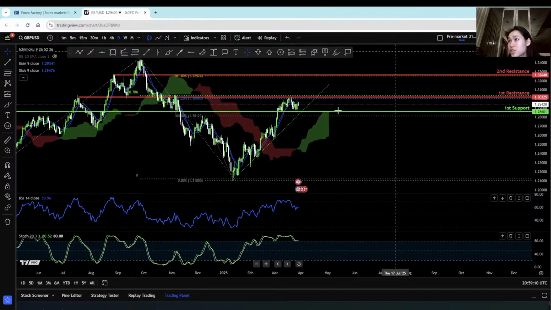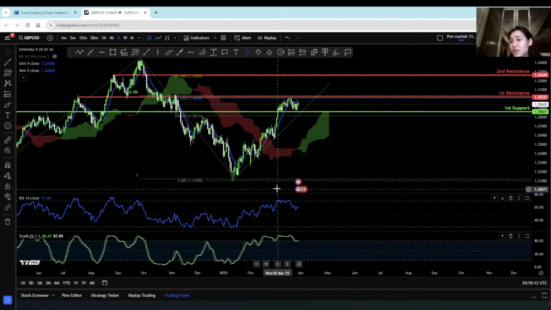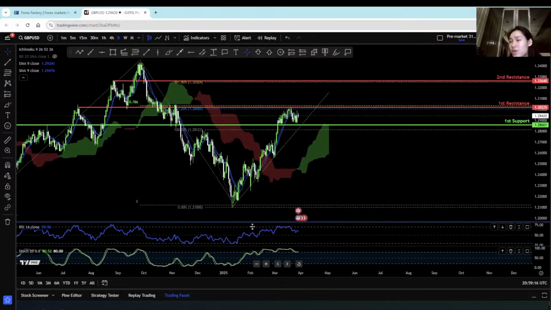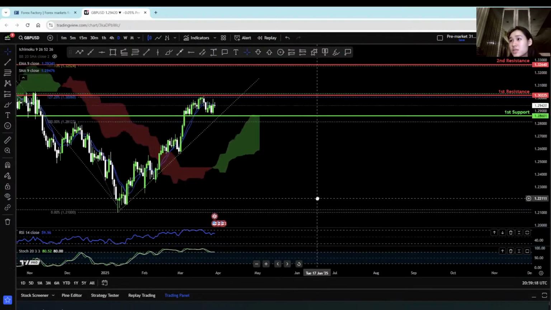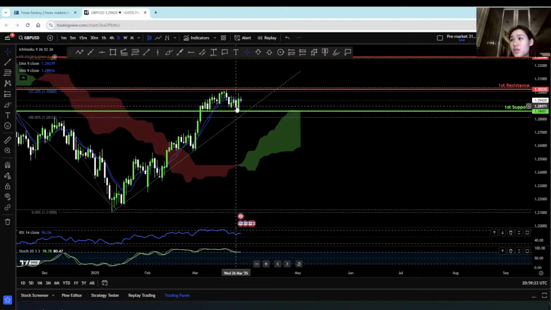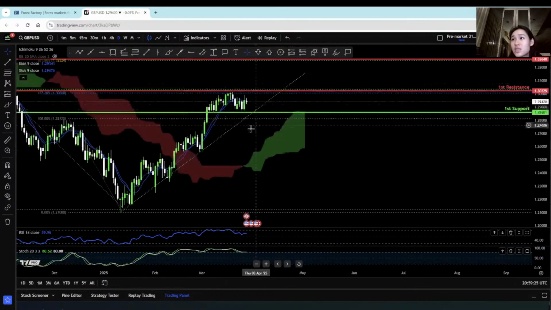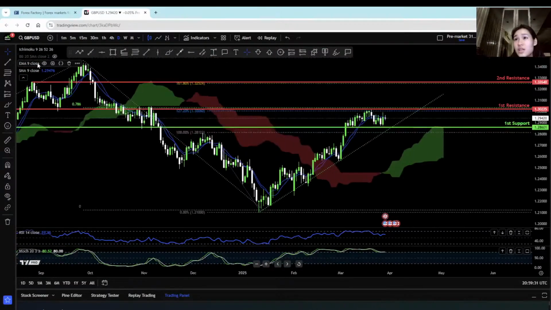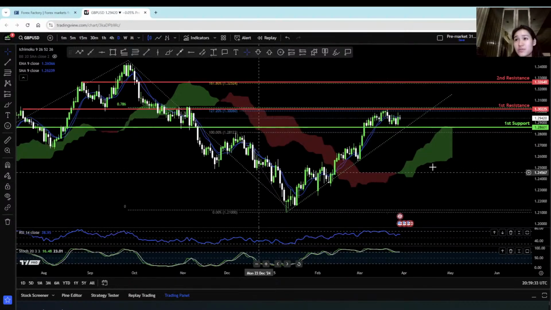No ascending trend line, but prices are moving upwards. However, with our MAs, it's kind of in a transition period because there's no clear trend, is what I'm trying to say. There's no clear trend here. So I'm gonna KIV EMA and SMA as well.